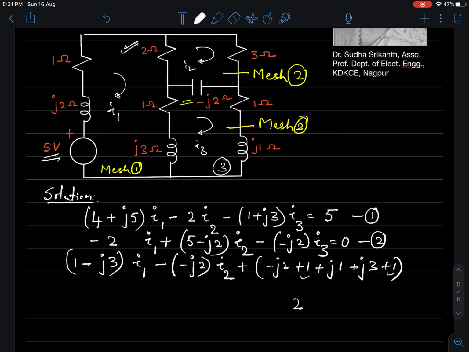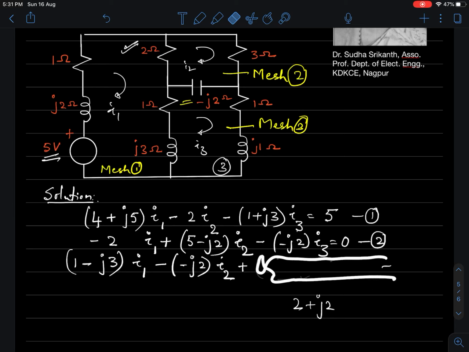And how many J's are there? J3 and J1, both plus, make J4, and minus J2 leaves J2. So this addition would be 2 plus J2. Now I will erase this and write it as 2 plus J2 into I3. Is there any source of EMF? No, that will be 0.